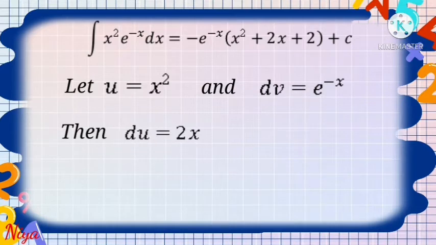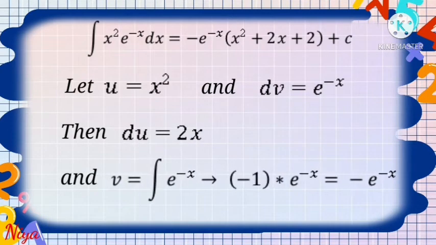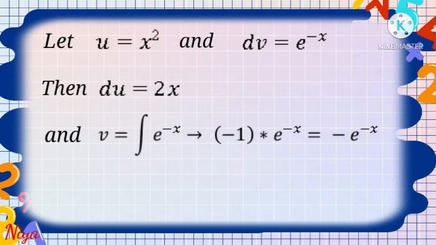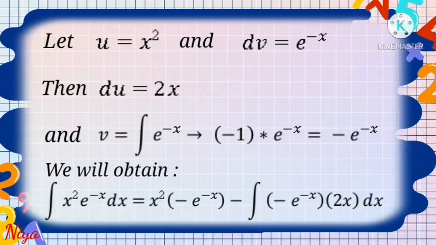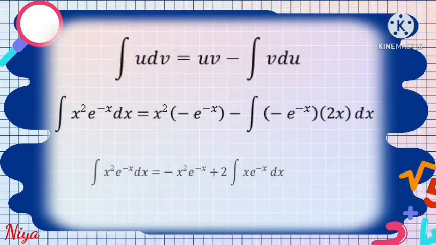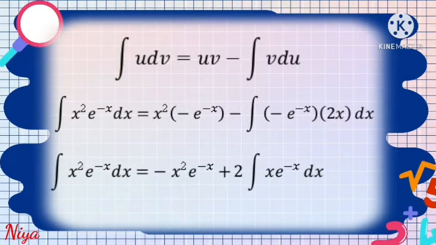Then we will obtain the derivative of u is 2x and v equals negative exponential power negative x. By using the substitution rule, when we substitute into the original formula, we will obtain negative x squared times exponential power negative x plus 2 integral x times exponential power negative x dx.